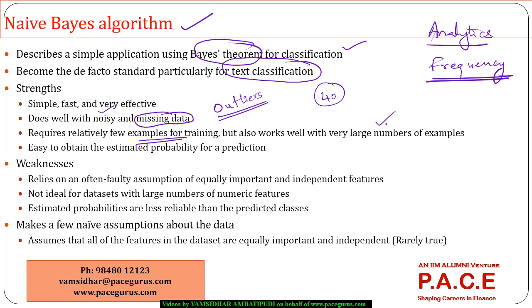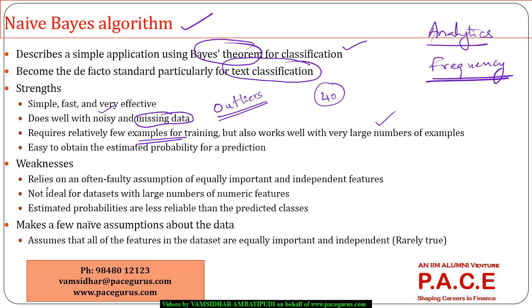Of course, if I have a large data set, it can do a much better job, but it will not fail even if the sample size is much smaller. That's another advantage of naive Bayes. The estimated probabilities can quite comfortably be obtained, and the prediction becomes easier.